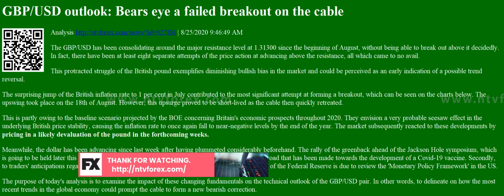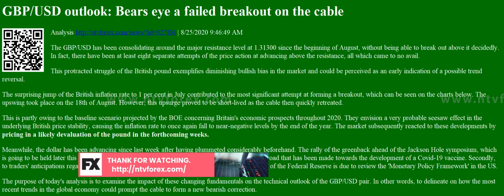The surprising jump of the British inflation rate to 1% in July contributed to the most significant attempt at forming a breakout, which can be seen on the charts below. The upswing took place on the 18th of August. However, this upsurge proved to be short-lived as the cable then quickly retreated.